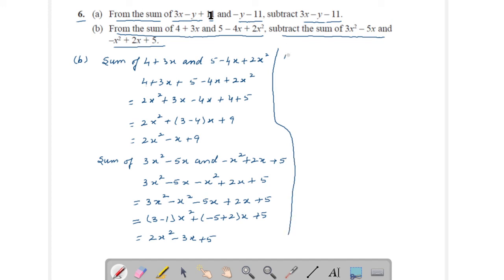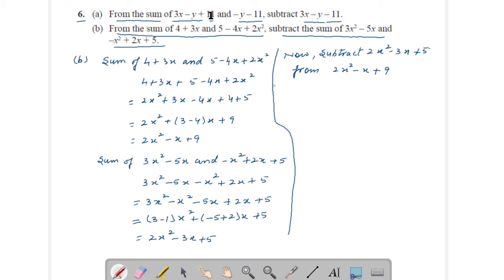Now subtract 2x square minus 3x plus 5 from 2x square minus x plus 9.